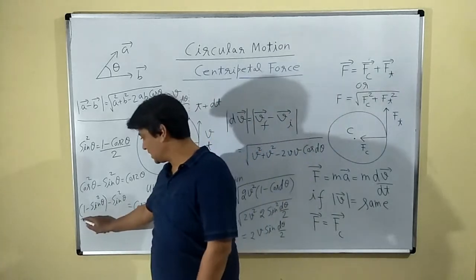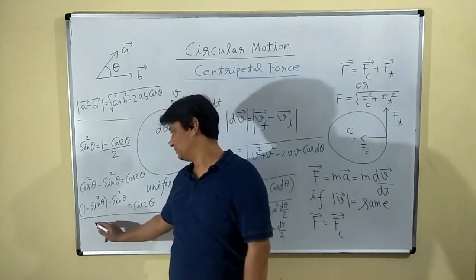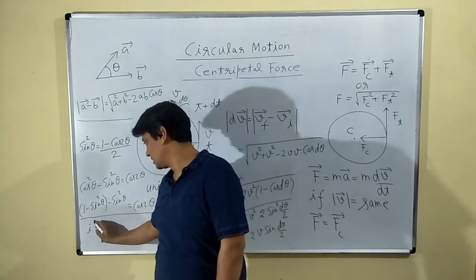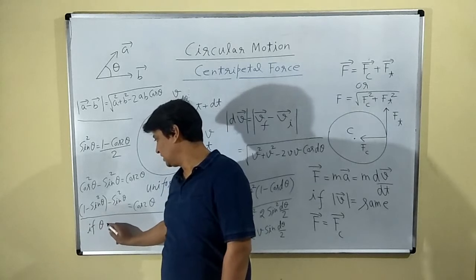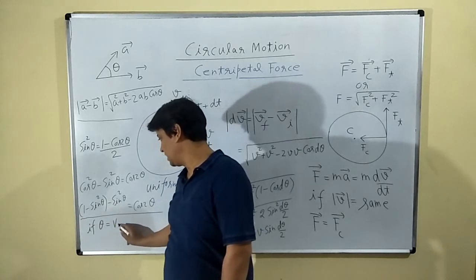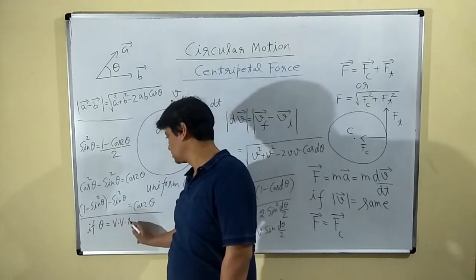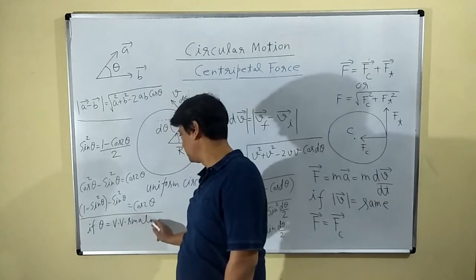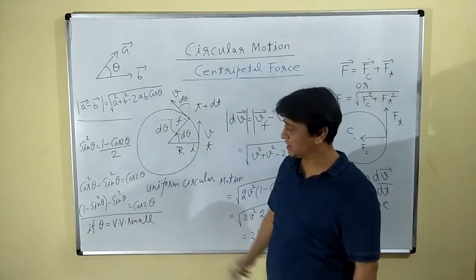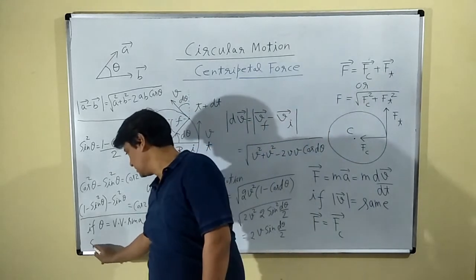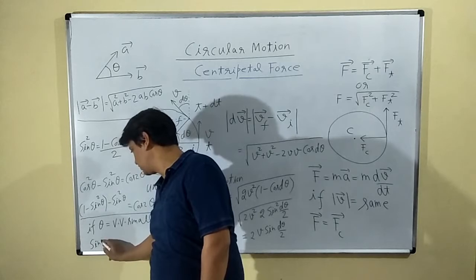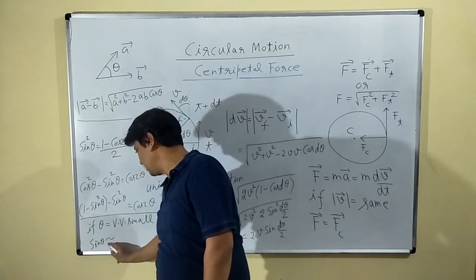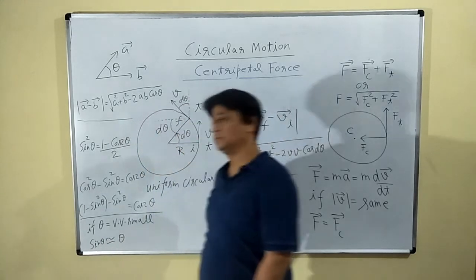Now the next mathematical thing. If theta is very small, then sin theta can be approximated with theta.